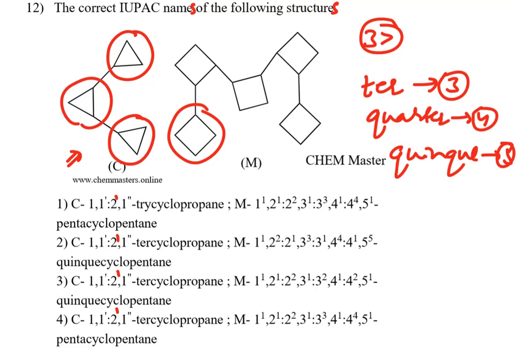Okay, now we should give numbering, that means locant numbering, for the junctions of those identical rings on the given ring assemblies. Here we have two methods.